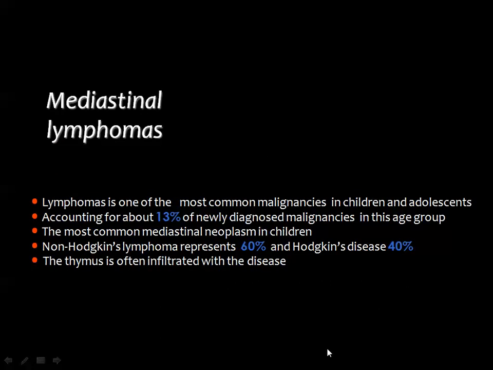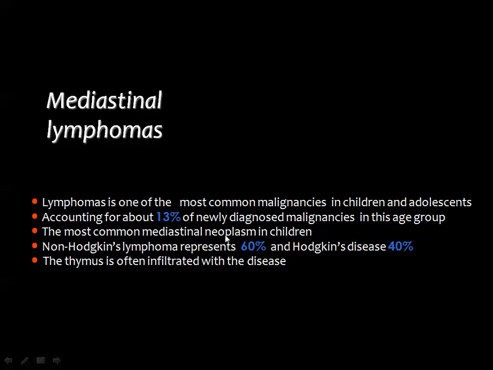Then lymphoma is considered one of the most common malignancies in children and adolescents. It accounts for about 13% of newly diagnosed malignancies in this group of patients. The most common mediastinal neoplasm in children is lymphoma.